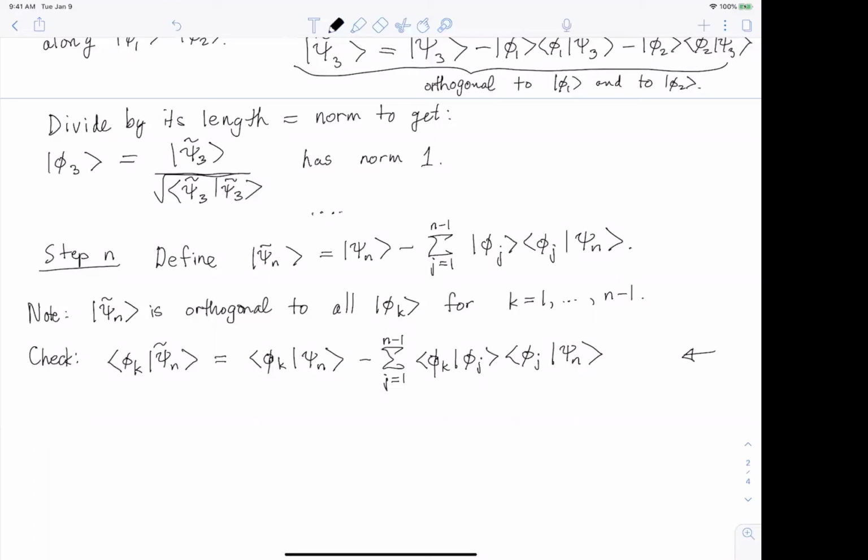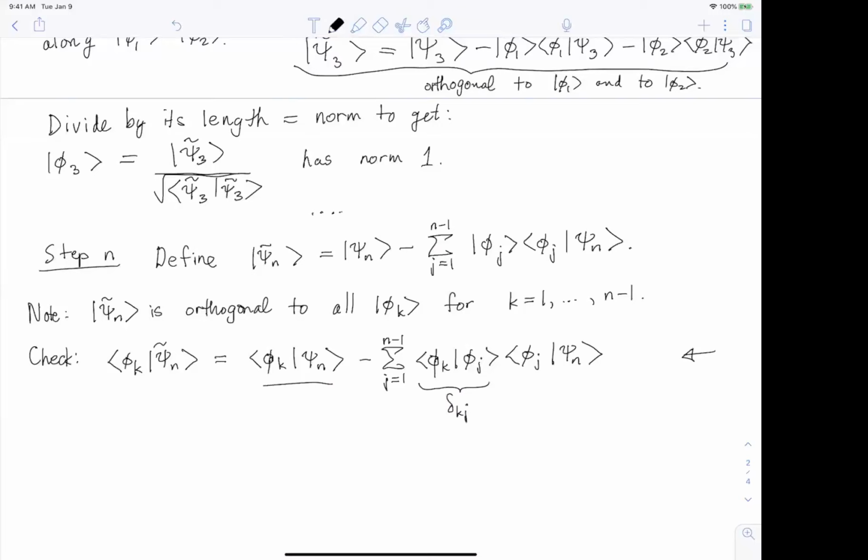So that's what I did. I wrote down the inner product here, and it's got two parts. And now the key thing is, because the phi k and phi j that we'd already written down were orthonormal, this is equal to the Kronecker delta of k and j. In other words, it's 0 and doesn't contribute at all except when k equals j, and when k equals j, it's just 1.